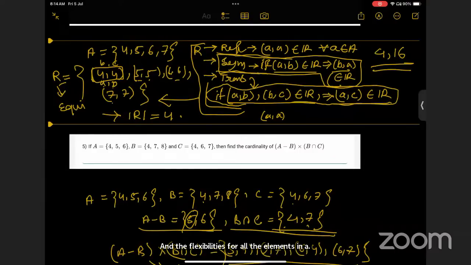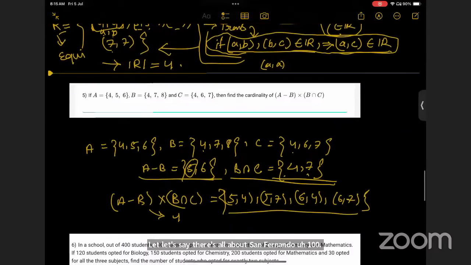Reflexive means for all the elements in the set, it will be related to itself. And for identity, we are talking about a particular element. Reflexive is all about every element, and identity is just about a particular element.